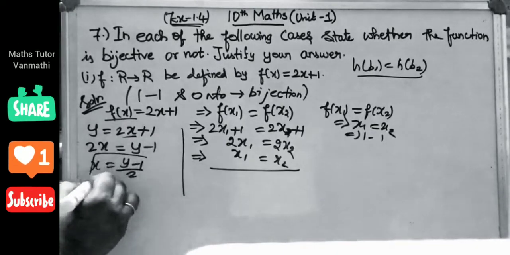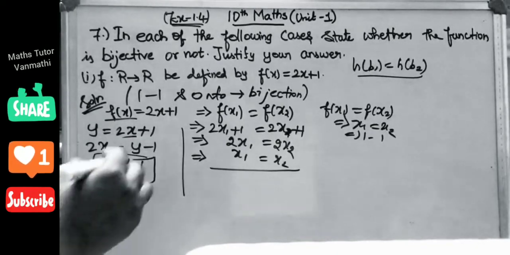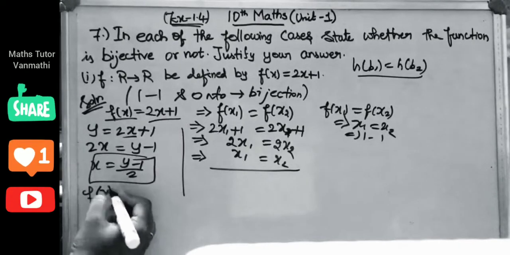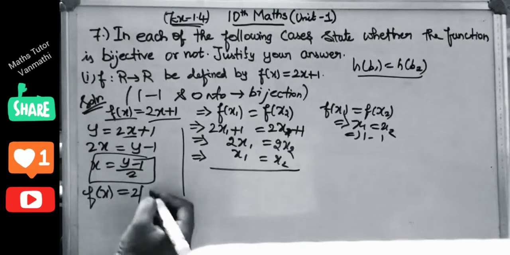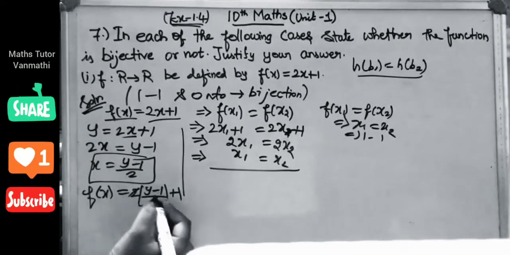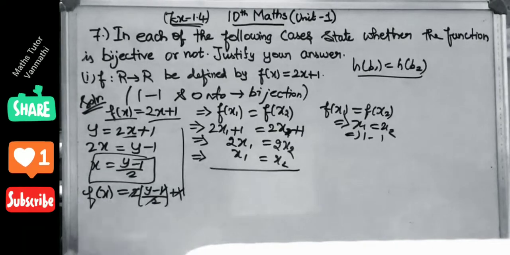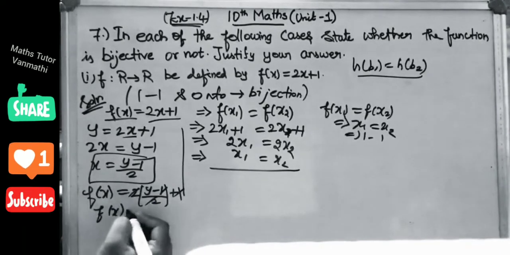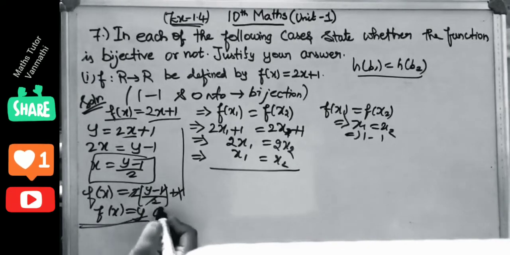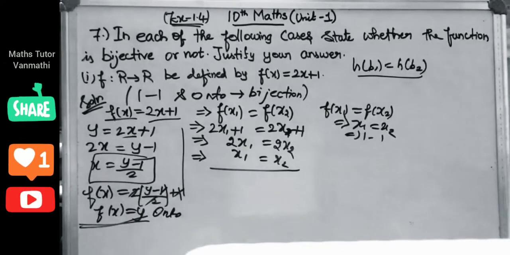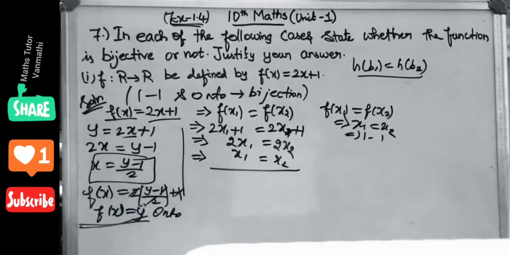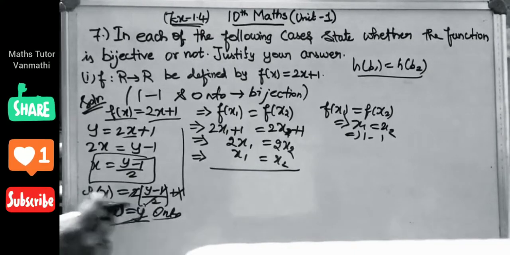Now we substitute this value: in the place of x, f of x equals 2 into y minus 1 by 2 plus 1. So the 2 gets cancelled, plus 1 minus 1 gets cancelled. Then you get f of x equal to y. So this is the condition of onto, that is, codomain and range will be equal in onto.